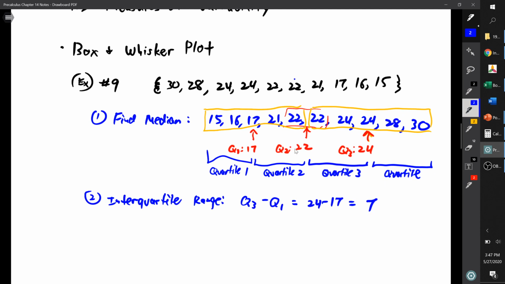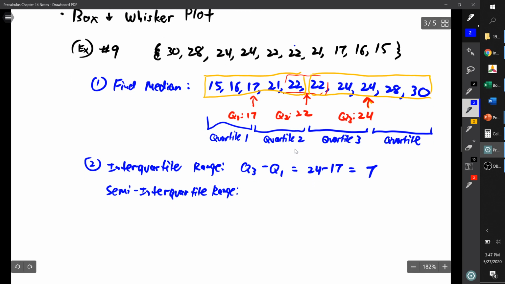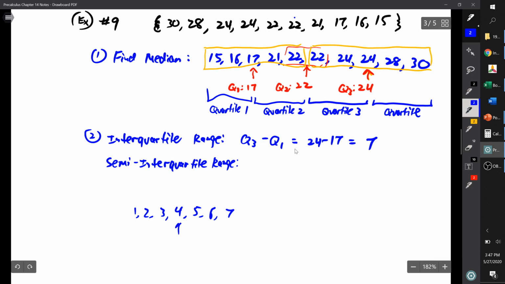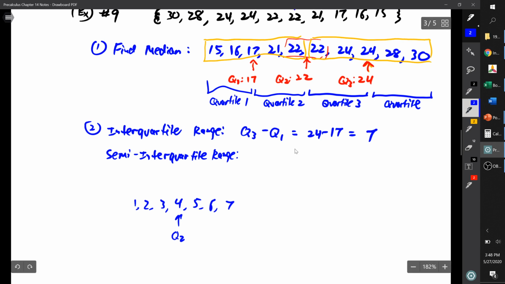Then there's something called the semi-interquartile range. First, back to these points, I will mention this. If you have an odd number of data points to begin with, let's say we just had the numbers 1, 2, 3, 4, 5, 6, 7, then 4 would be our Q2. Below Q2 there are 3 data points, because we don't include that 4 again.